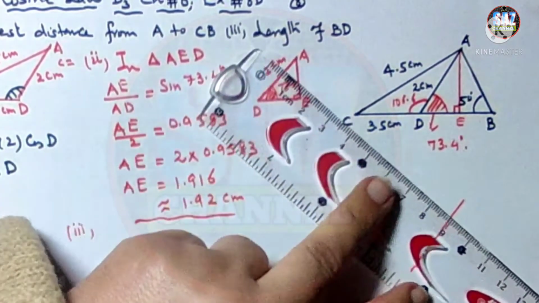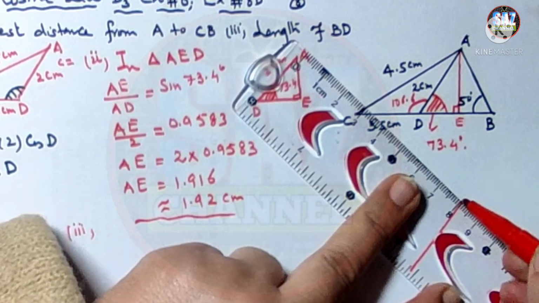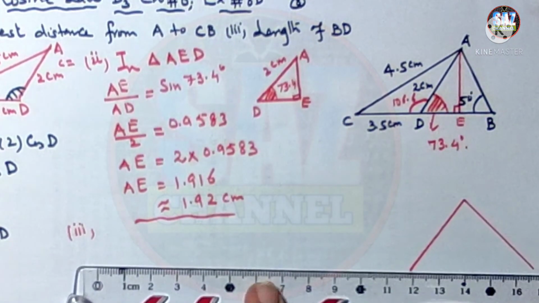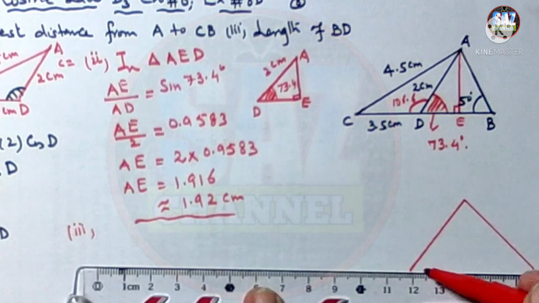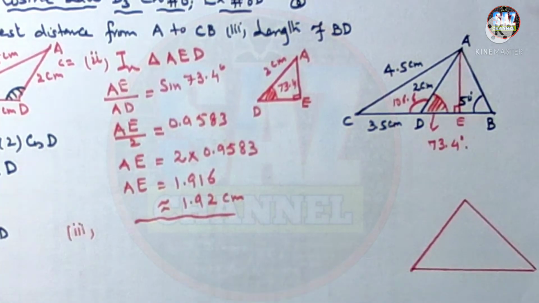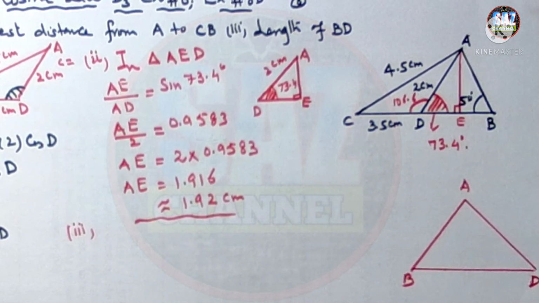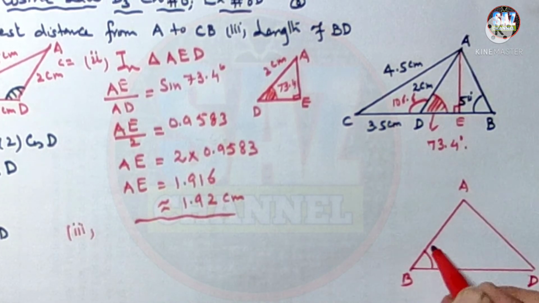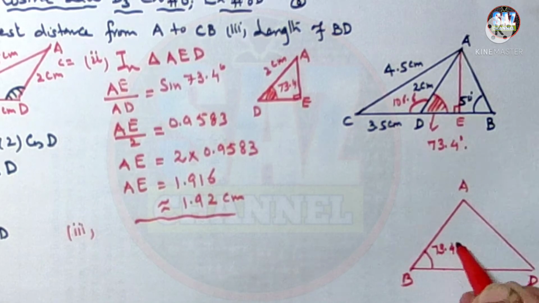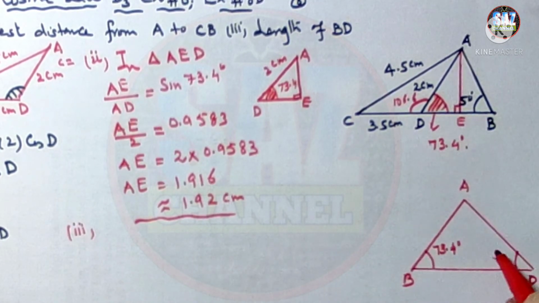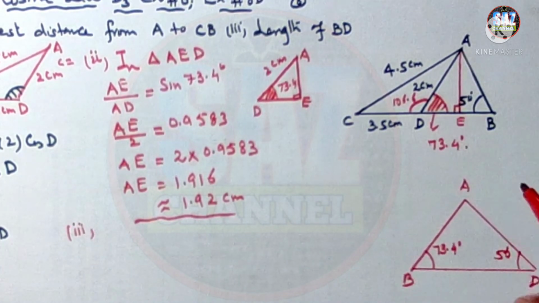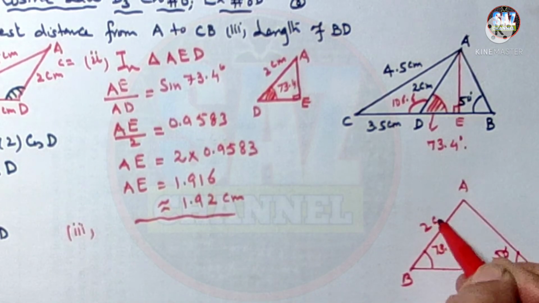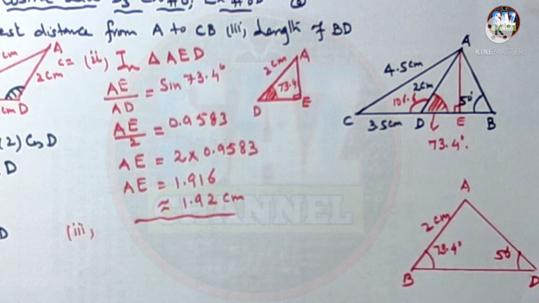I'm taking the triangle ABD. This angle is 73.4. This is 50 degrees, which is already given in the question. This is 2 centimeter, and the last requirement is BD, which is unknown.